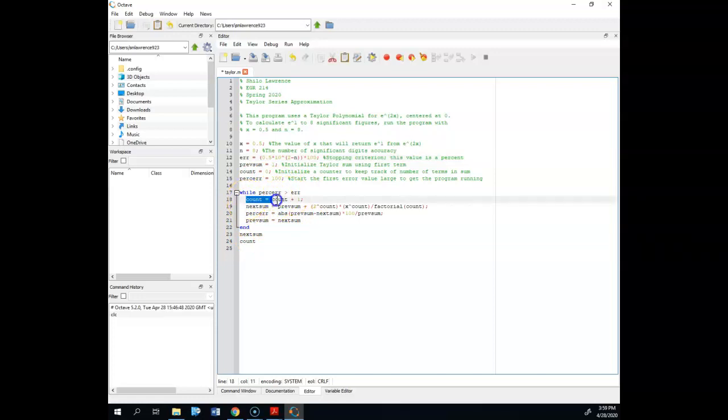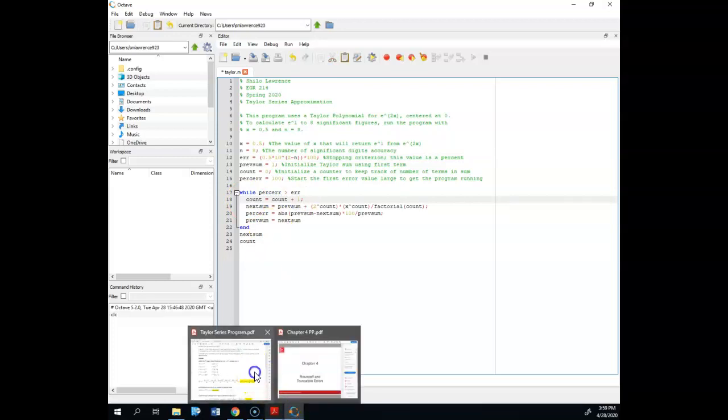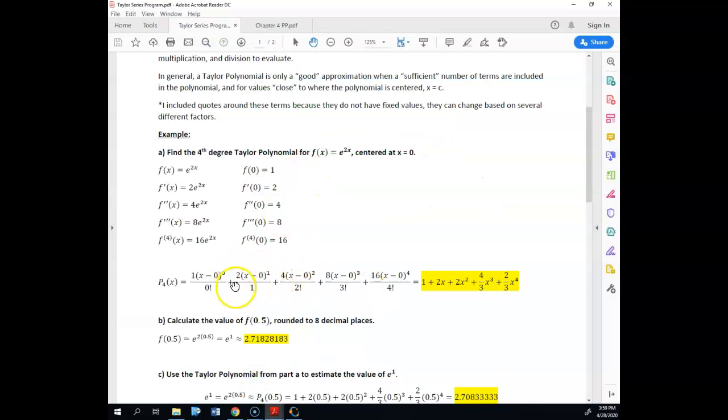It also represents the number that's being plugged in to our formula here. So that count serves multiple purposes. It's a count of the degree, a count of the number of iterations. It's also representing the 1 here in our Taylor polynomial formula.